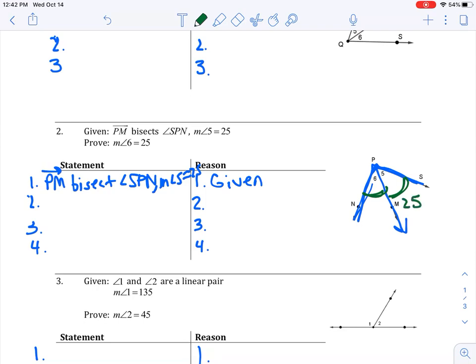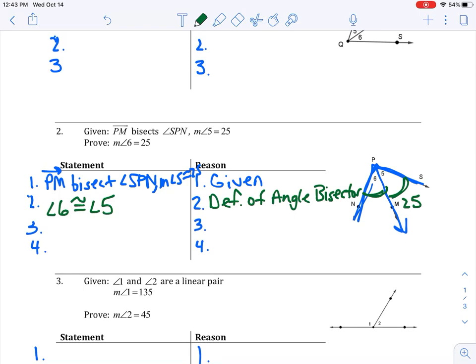So we can say, because of the definition of angle bisectors, angle 6 is congruent to angle 5. The definition of midpoint works very similar if you have segments versus angles.